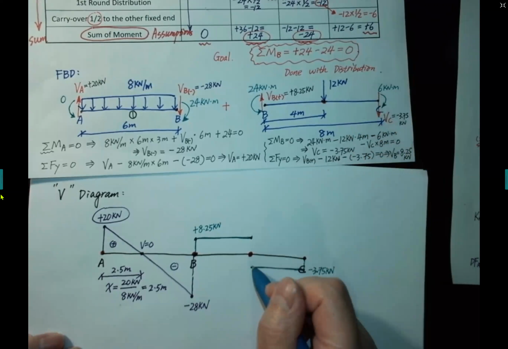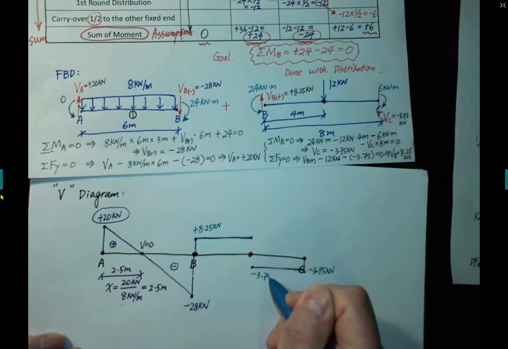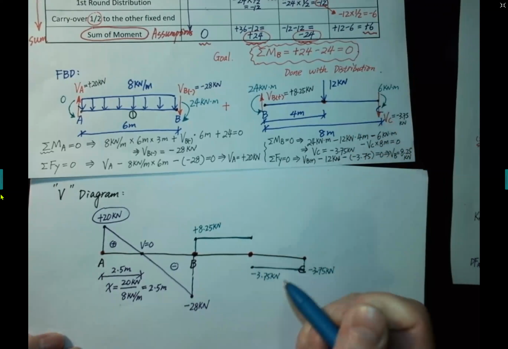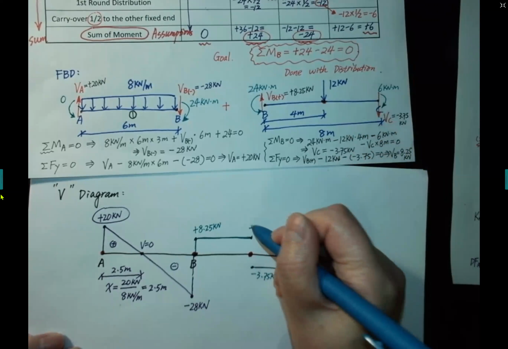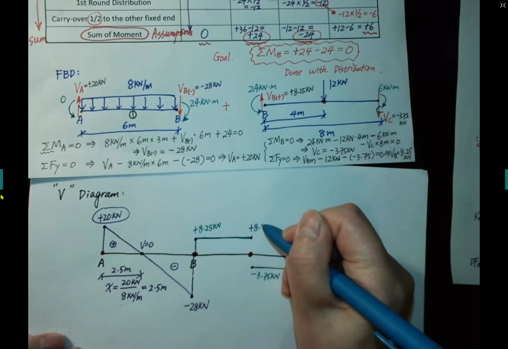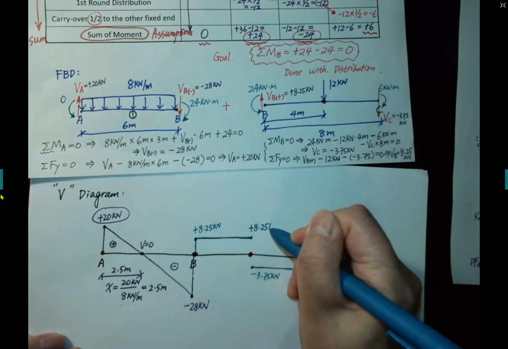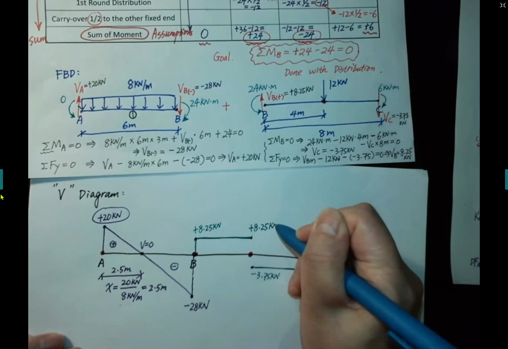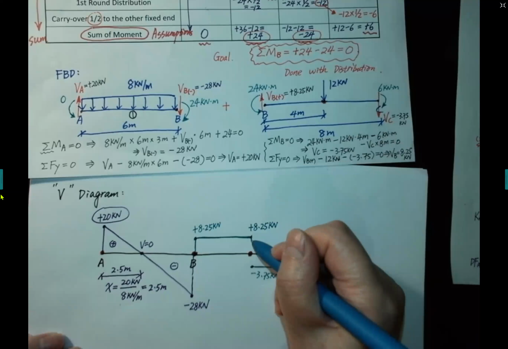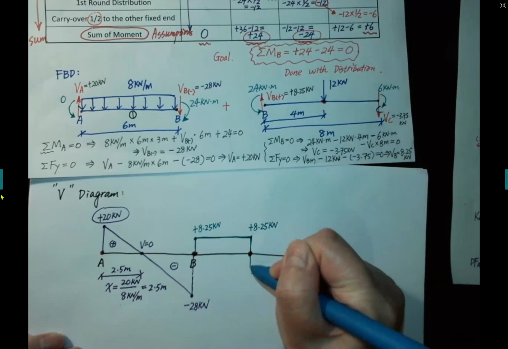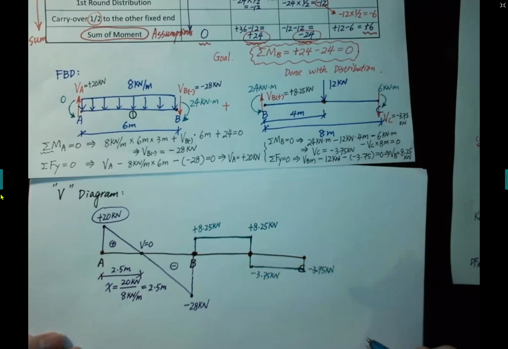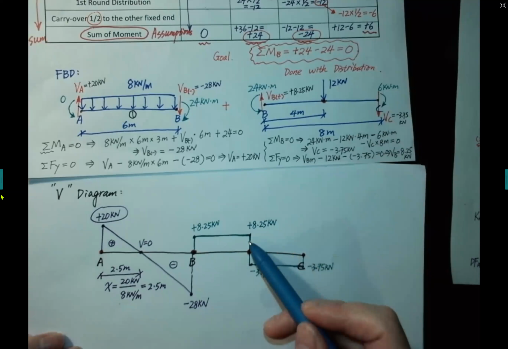So it's negative 3.75 just to the right of the 12 kilonewton, and the left of the 12 kilonewton is positive 8.25. The difference between left and right of the 12 kilonewton should be 12 kilonewton.